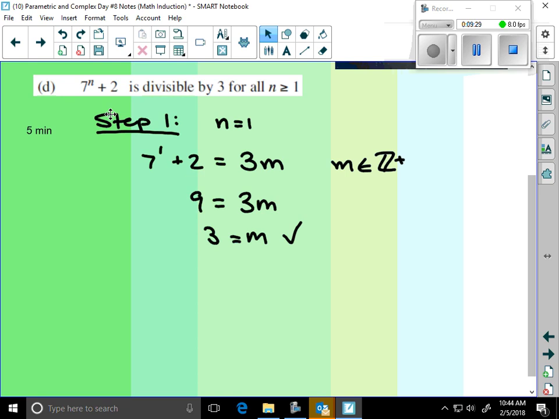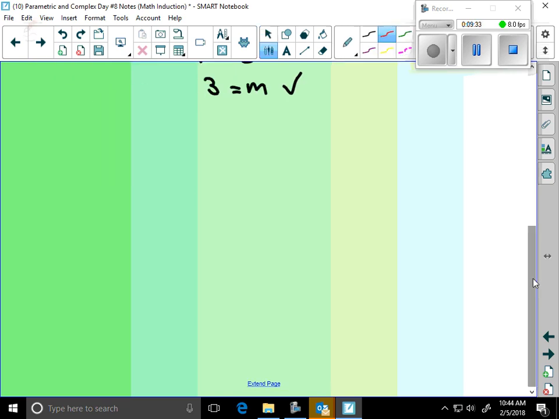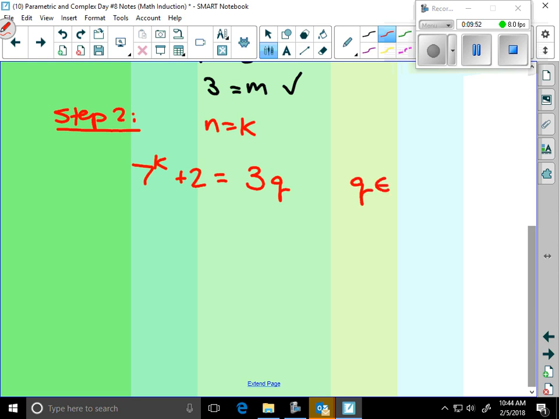Let's do the assumption step, where n equals k. So step 2, n equals k. So 7 to the k plus 2 equals, what did we use before, q? Oh, Heidi's on it. She's like, use q! If you don't use q, then something bad's going to happen.